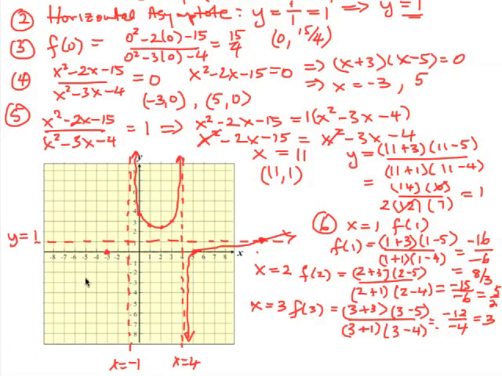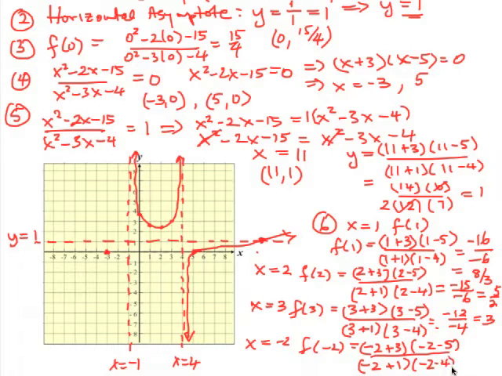Alright, now we have this one point here, so we should look and see what happens when x is equal to negative 2. So f of negative 2 is going to be equal to negative 2 plus 3, and we have negative 2 subtract 5, all over negative 2 plus 1, and we have negative 2 subtract 4.